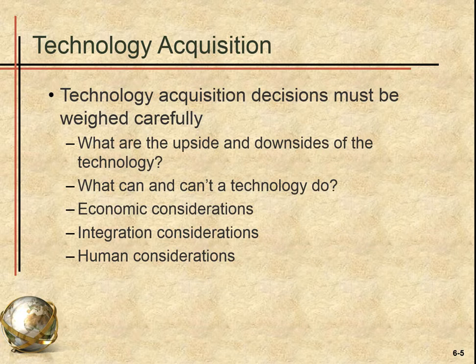So in terms of the technology that you're going to acquire, you also have to remember that it's not just about money. It's not just about how much it is going to cost me. There's also integration. How are you going to integrate this into an existing facility? We're talking about training, and about facility space, since a factory has a limited amount of space. And also the human consideration: employees, do you need to hire more people?